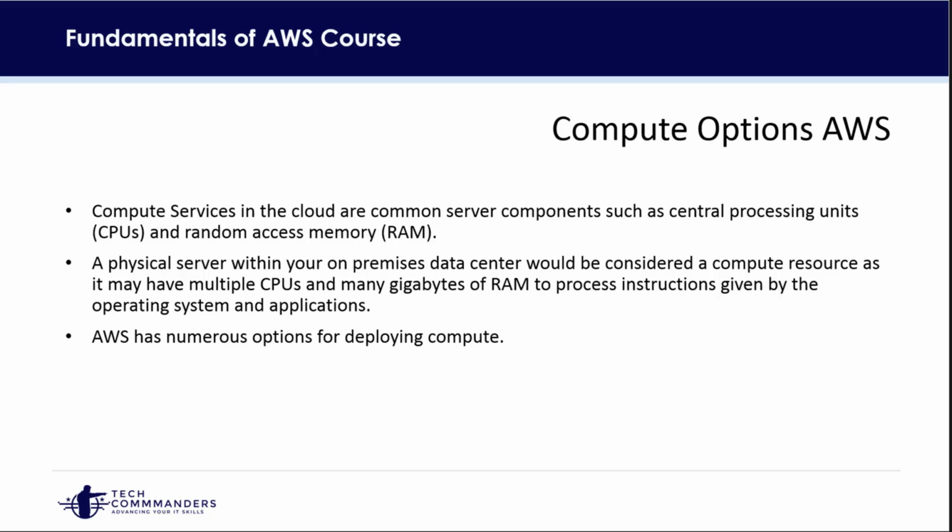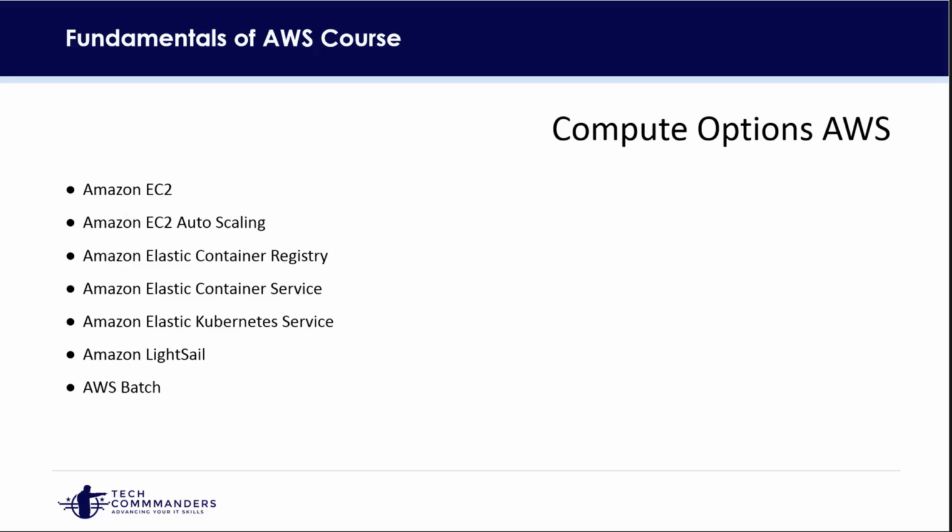Now, AWS has numerous options for deploying compute. Some of these options could be everything from Amazon EC2 to Elastic Container Registry, Kubernetes Service, Lightsail, etc. AWS does, of course, provide different options and different types of services, but it is important to realize that most of these we could dynamically provision and pay for only what we need.